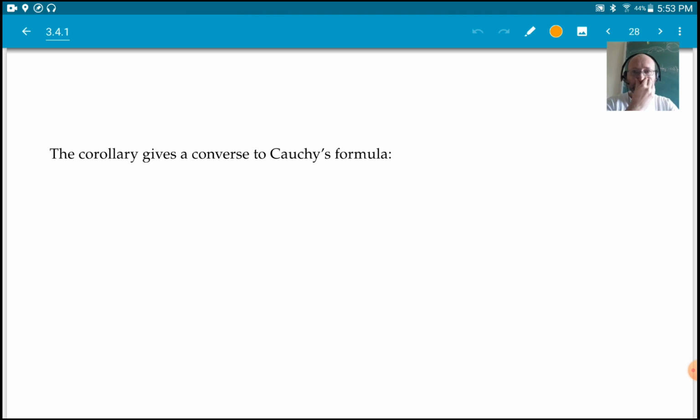All right. So one other thing that we get out of it, which is maybe not as exciting as it seems, is a converse to Cauchy's formula. So Cauchy's formula is really an if and only if.